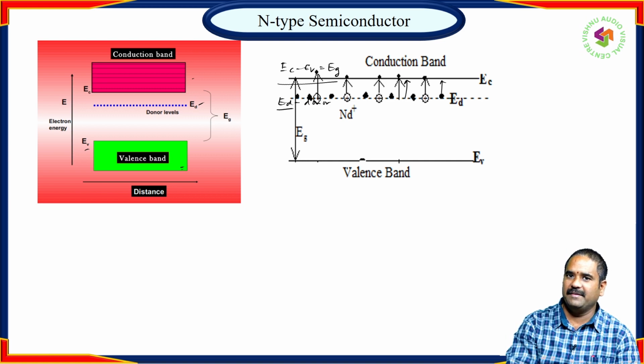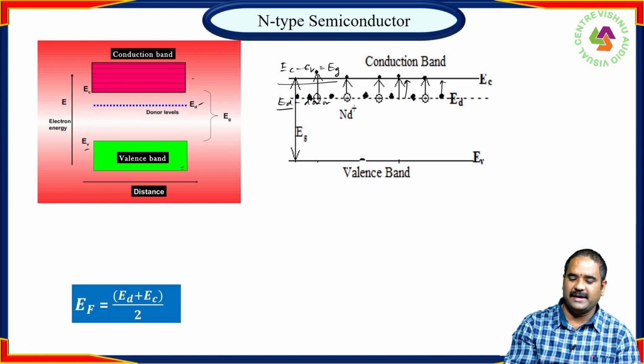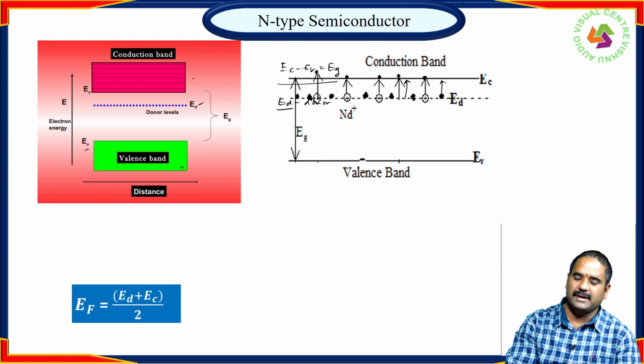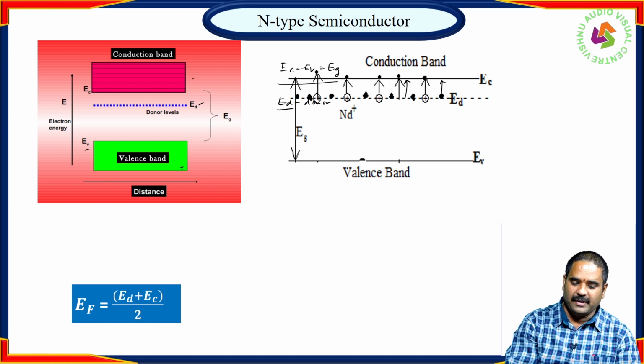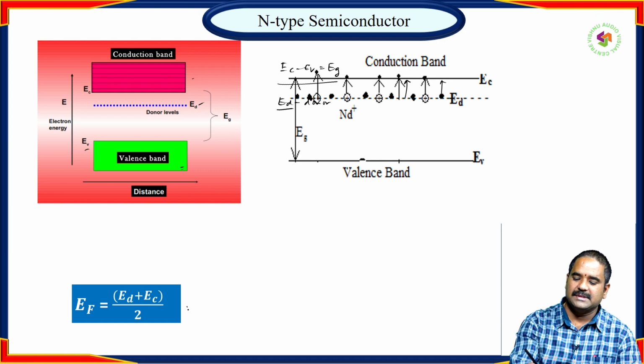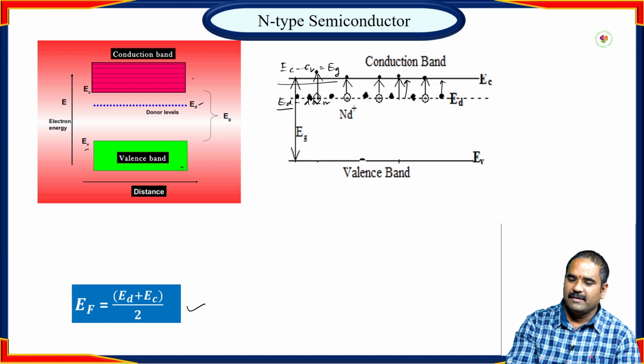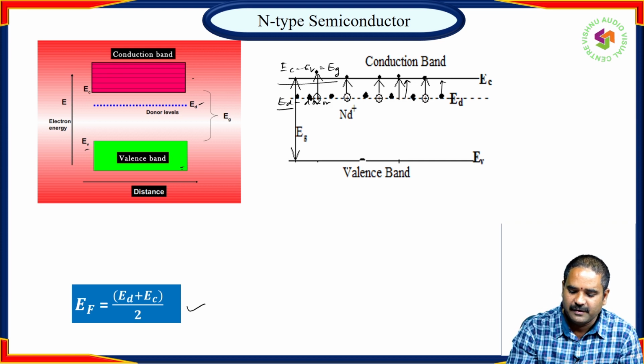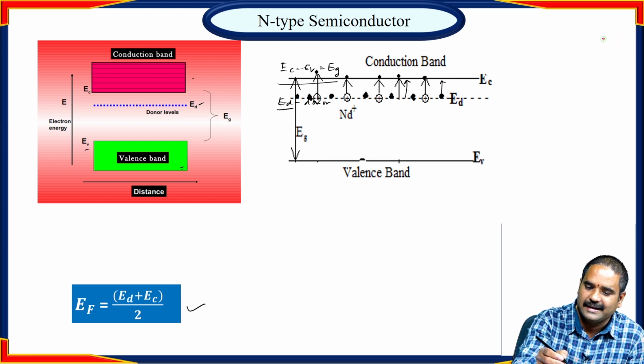Here we don't have the derivation for this, I am just giving the final expression directly. In an n-type semiconductor, the Fermi level E_F is equal to (E_D + E_C)/2, meaning the Fermi level exists at the middle of the donor energy level and the conduction band.